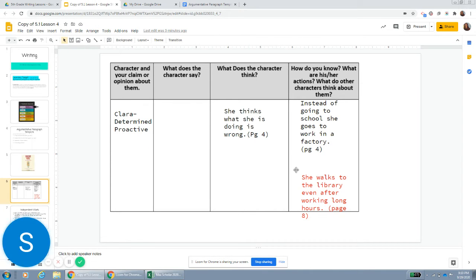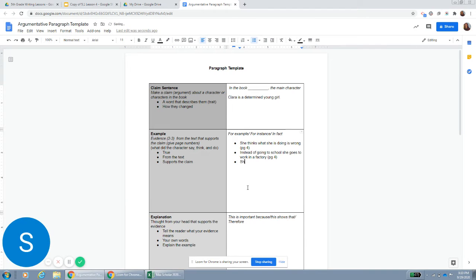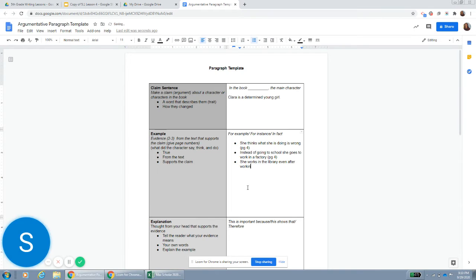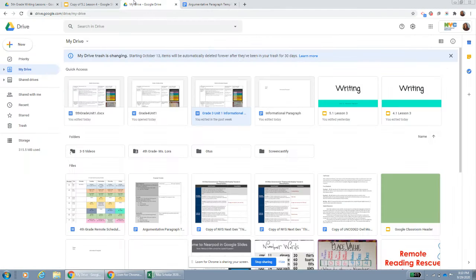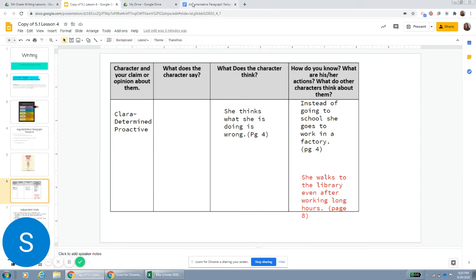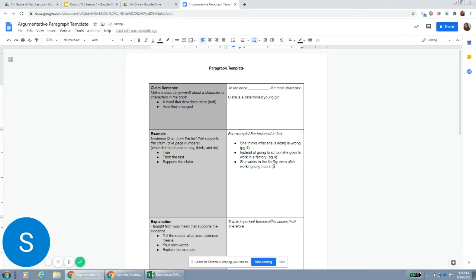Finally, she walks to the library even after working long hours. And that was on page 8. Page 8. I just say PG8.